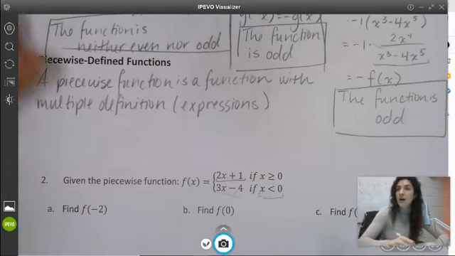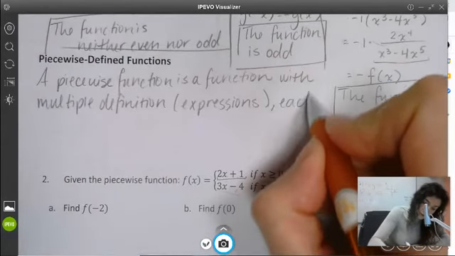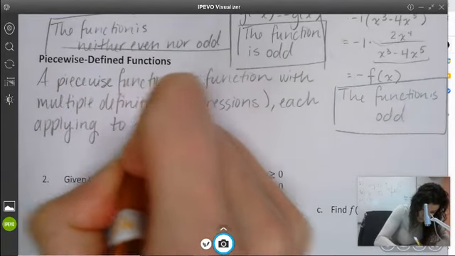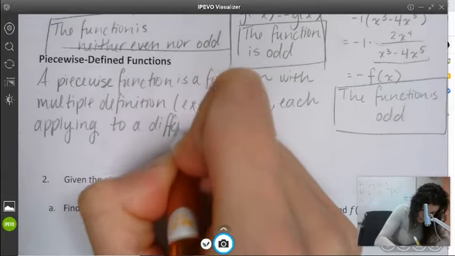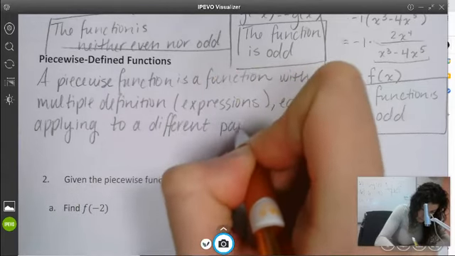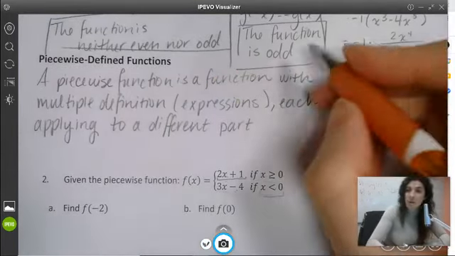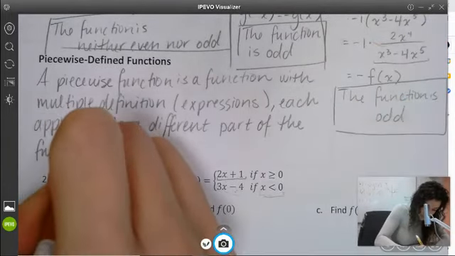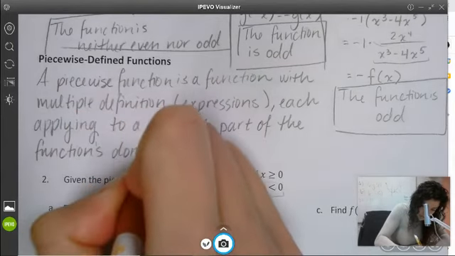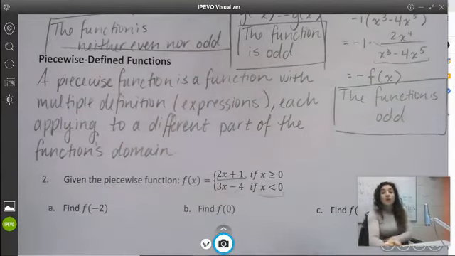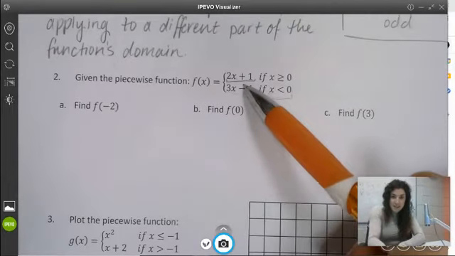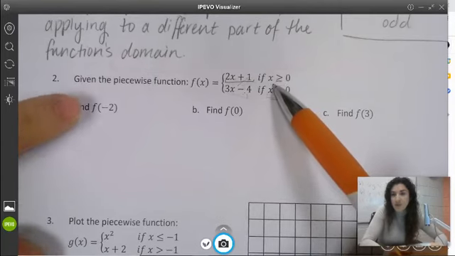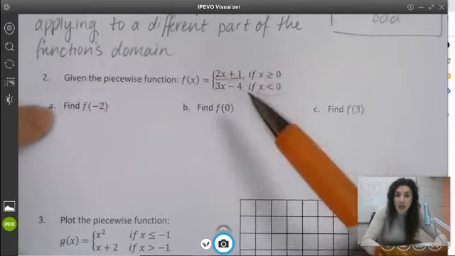Those are two different definitions, each applying to a different part of the function's domain. So again, this definition of 2x plus 1 is only being used if you're talking about any x values that are greater than or equal to 0.